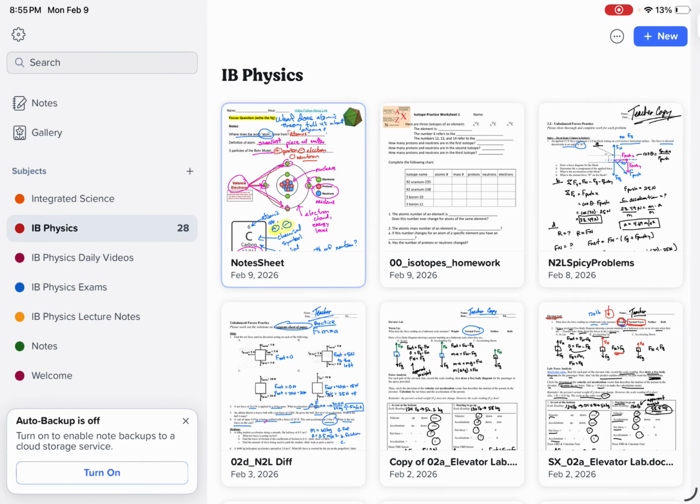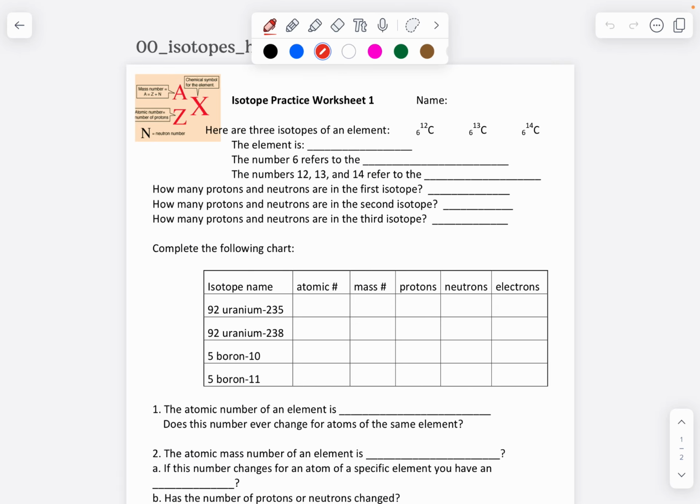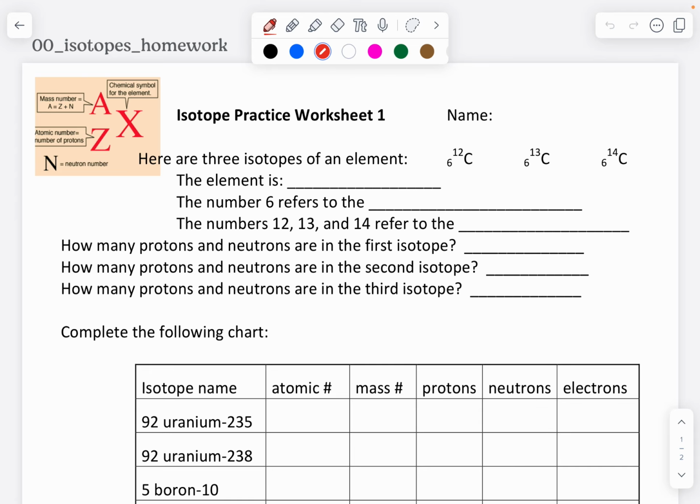Let's talk about our actual homework. Remember, the number 12 is the mass number, and 6 is the atomic number. How do we calculate neutrons from just looking at this? Well, you could probably guess.